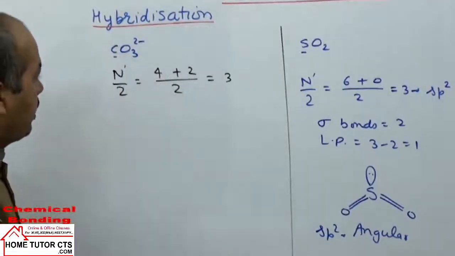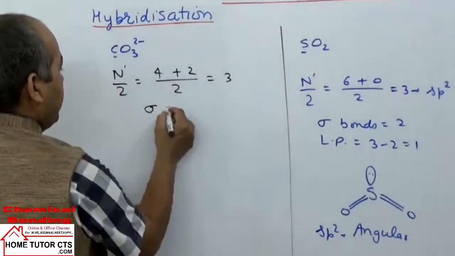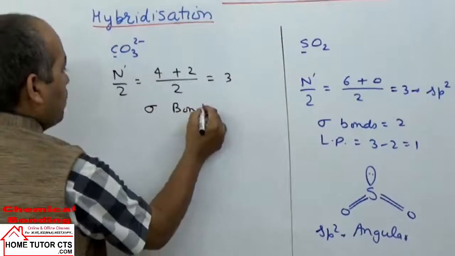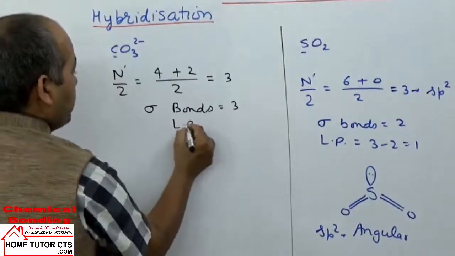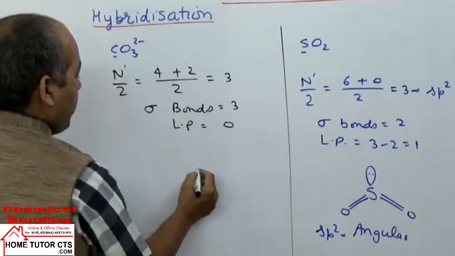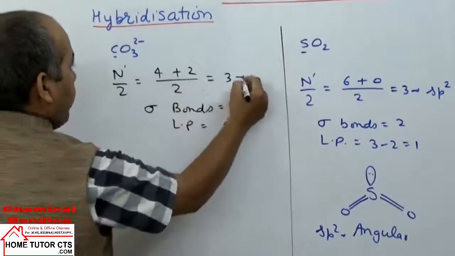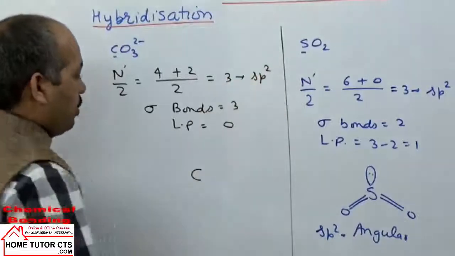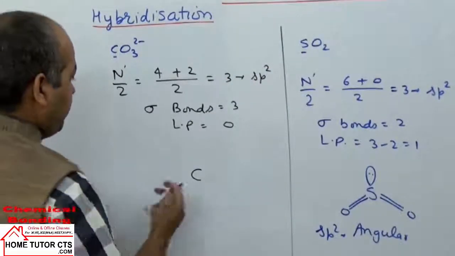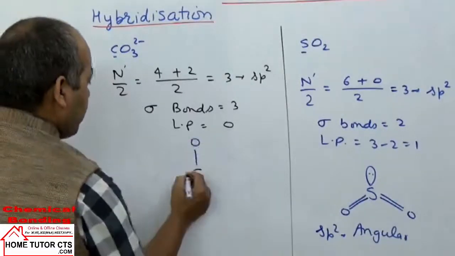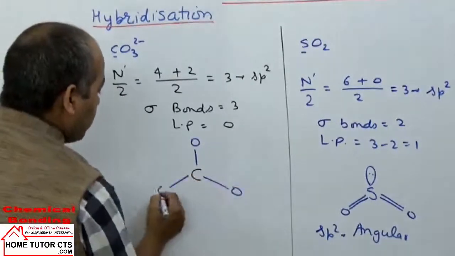We have 3 oxygen atoms, so we have 3 sigma bonds or bond pairs, and the lone pairs will be 0. So carbon has sp2 hybridization, and all 3 oxygen atoms form sigma bonds.